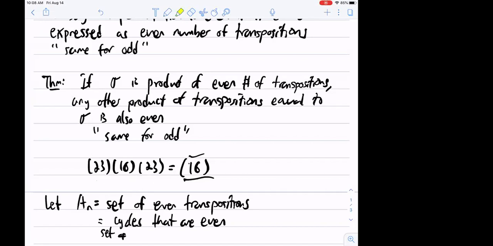No, I'm saying these two cycles are equal. I was wondering why they're equal, because you simply write the cycle permutation of (1 6).